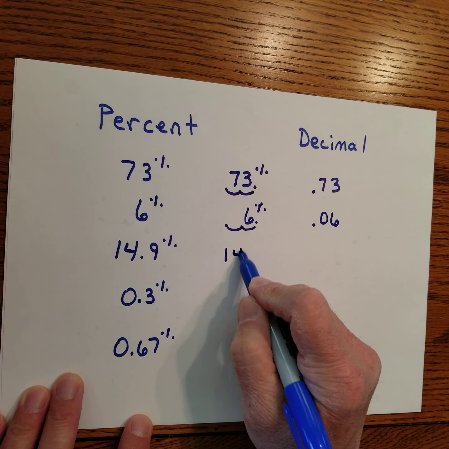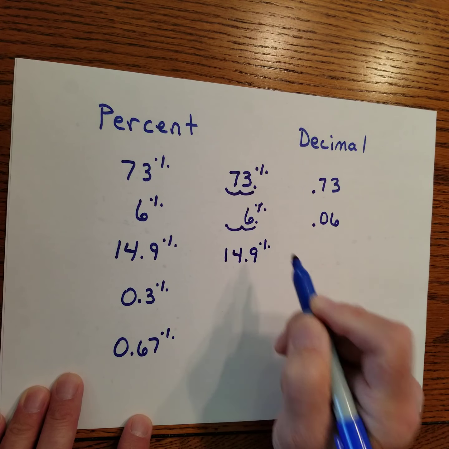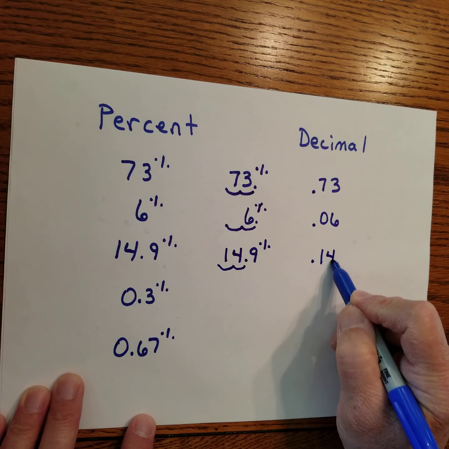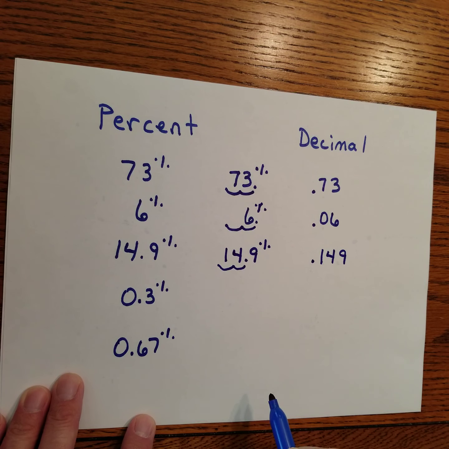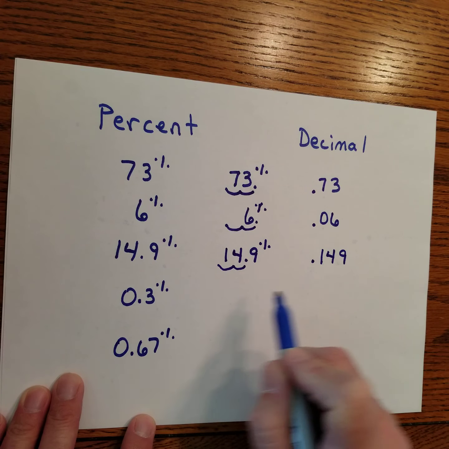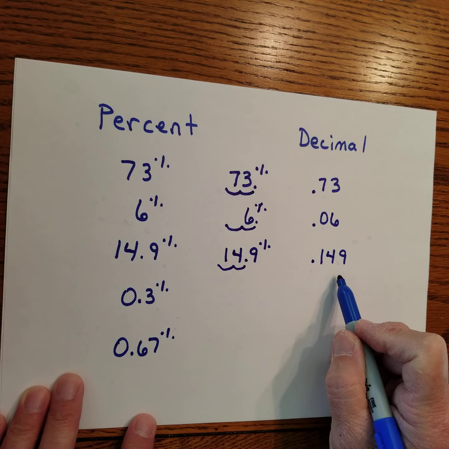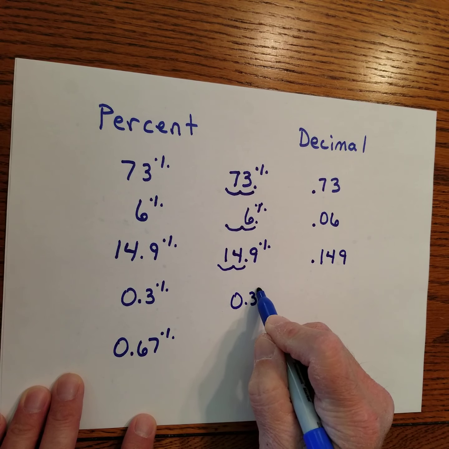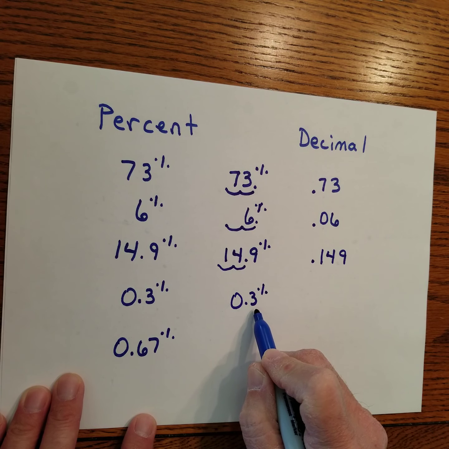If I start with 14.9% and then move the decimal point 2 spots, I have 0.149. 14.9% is 0.149. This percentage is less than 1%. It's 0.3%.